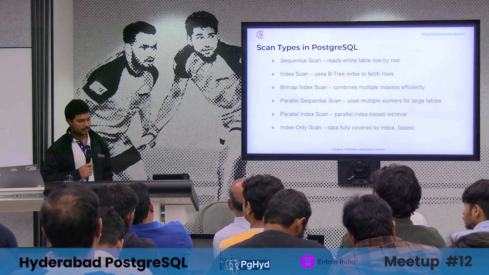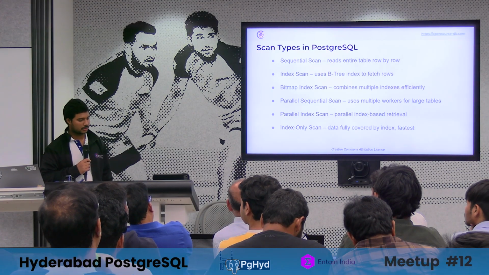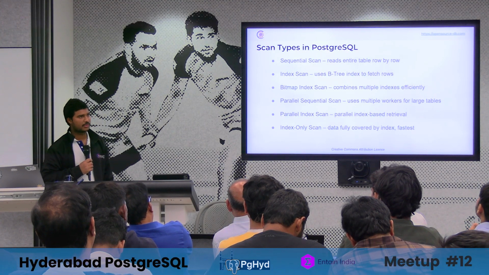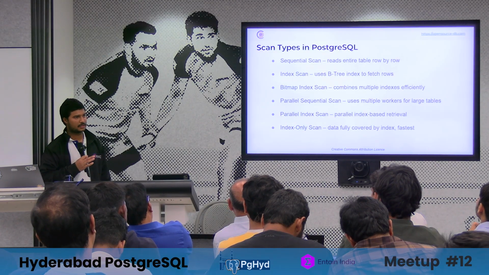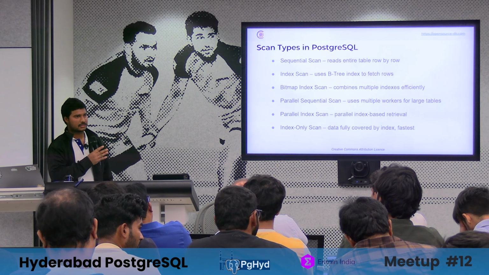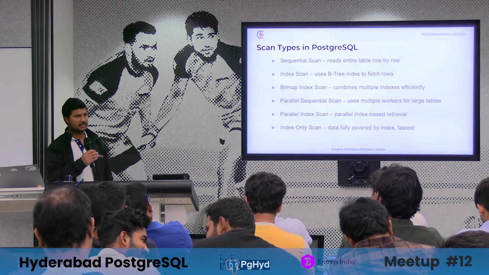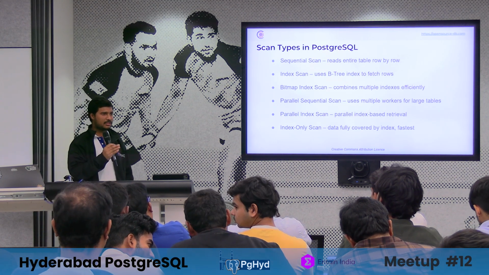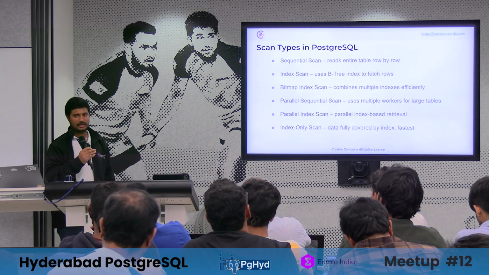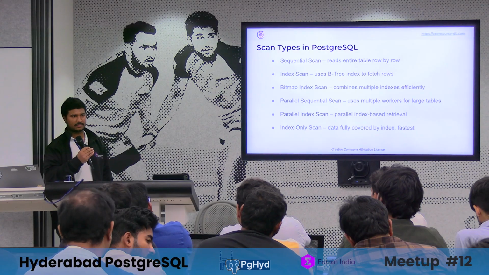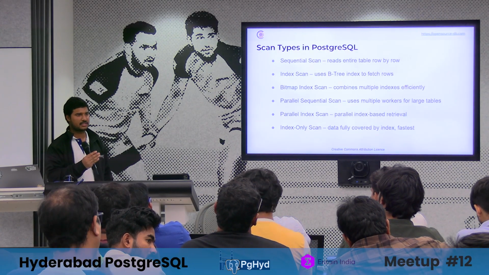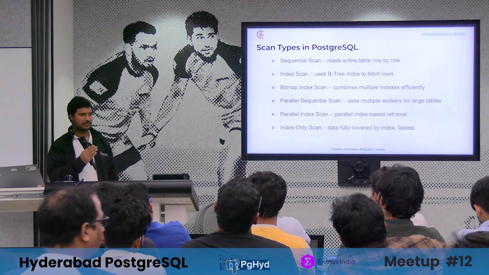Types of scans in Postgres. Coming to sequential scan: whenever we write a query, it enters the table, accesses the first row, and checks the condition.